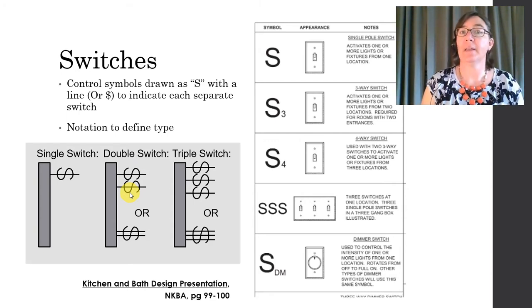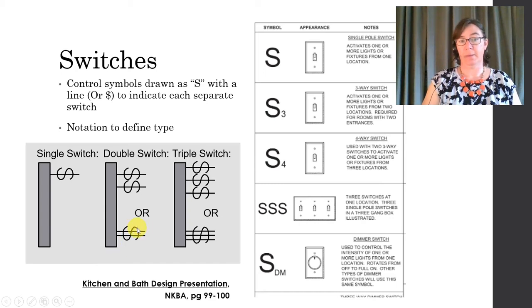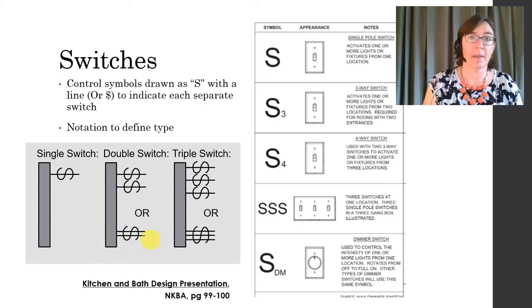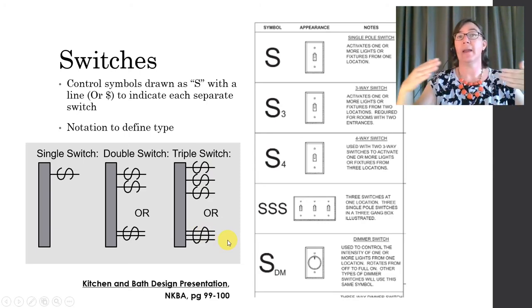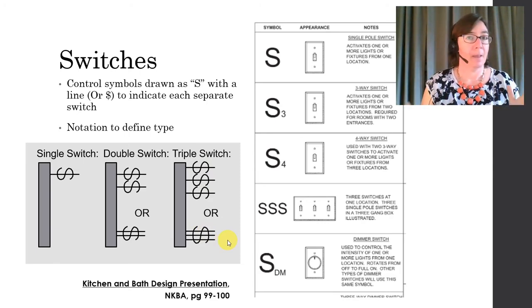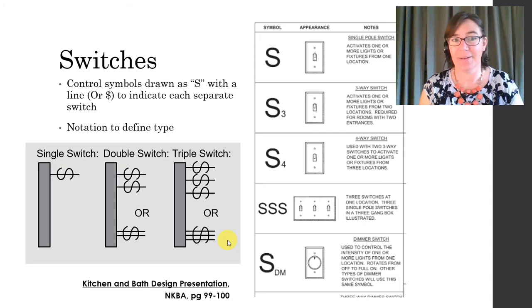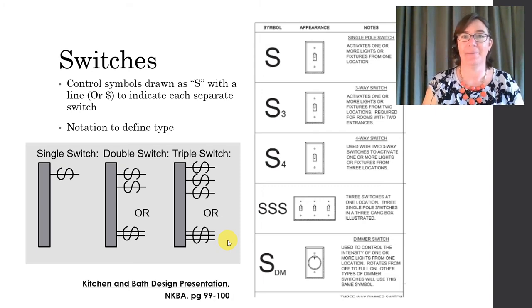I think it's more clear, whereas sometimes these multiple lines do get lost in reproduction. Okay, but the other way to do it is just to put 2 lines through it. Okay, triple switch, 3 switches next to each other, or 1, 2, 3 lines. You can end up, especially with modern and complicated lighting designs, you can end up with 6 or 8 switches next to each other. Okay, so this can get really complicated.